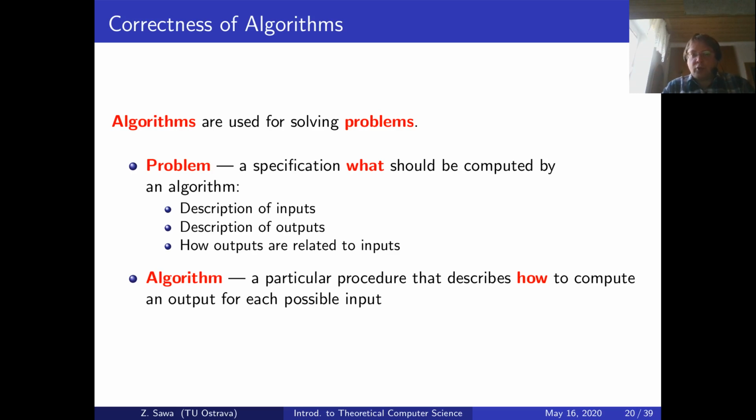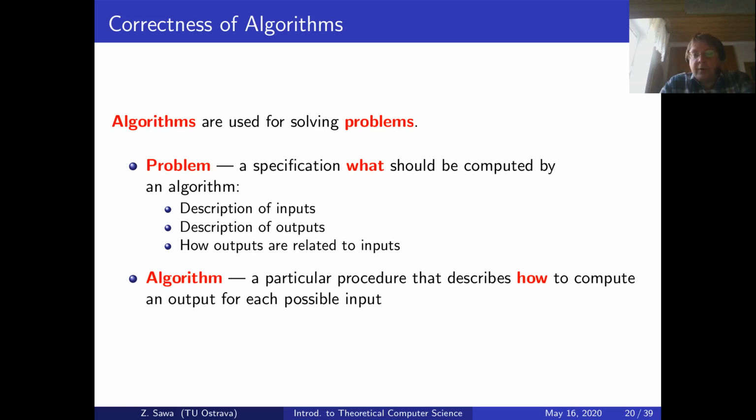The description of a problem consists of a description of the inputs or input data, a description of the outputs, and how these outputs are related to the given inputs. Of course, there can be many levels of abstraction in how precisely we define the specification.